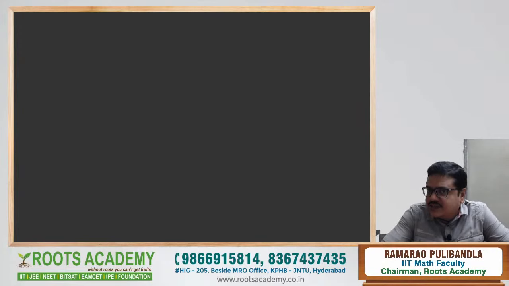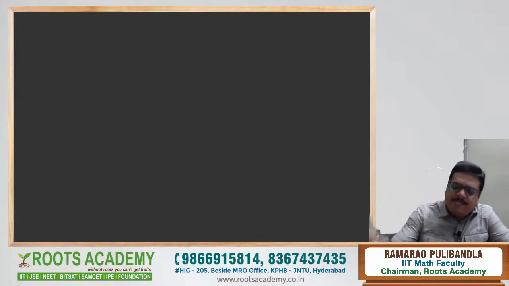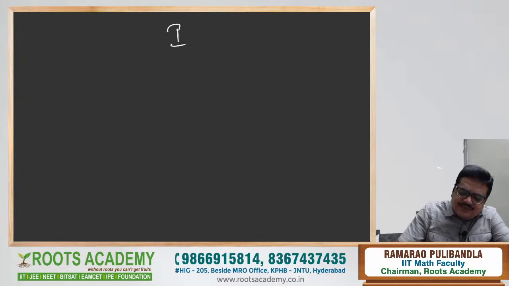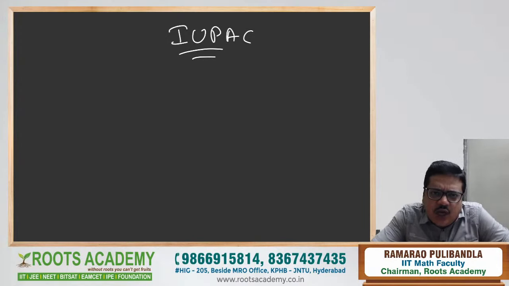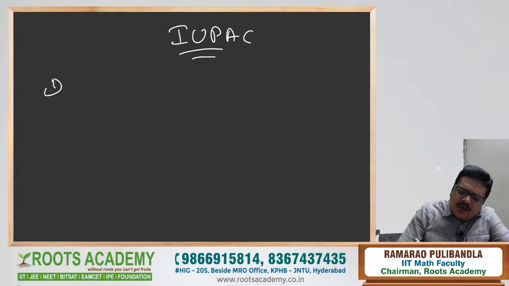Now I want to discuss the next topic, isomerism. No, I'm sorry. Before going to that, I want to discuss IUPAC nomenclature. In IUPAC nomenclature, I directly want to discuss the rules. First rule, longest chain rule.